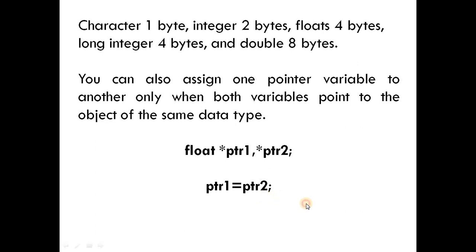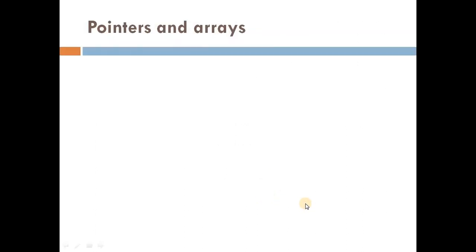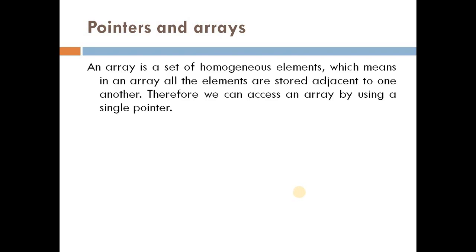Next we'll move on to how pointers are used on arrays. We have already seen the chapter on arrays in the last semester. Now we are going to continue with arrays. Basically, what is an array? An array is a set of homogeneous elements, which means in an array all the elements are stored adjacent to one another.